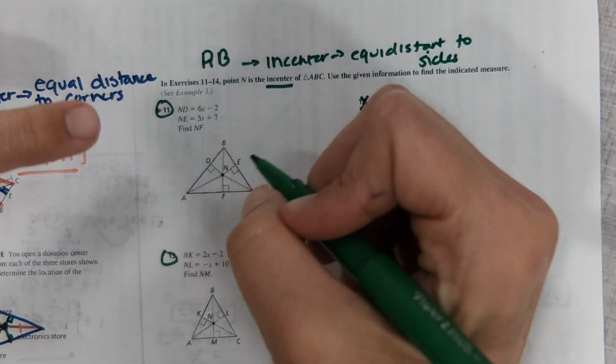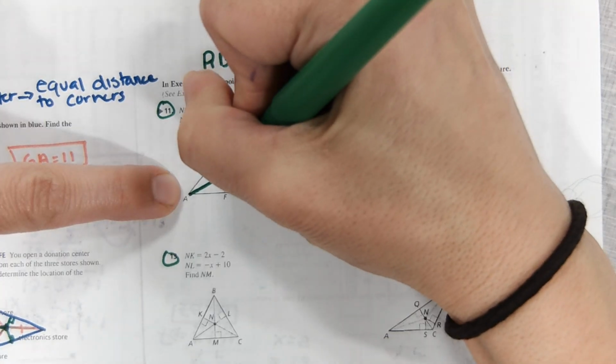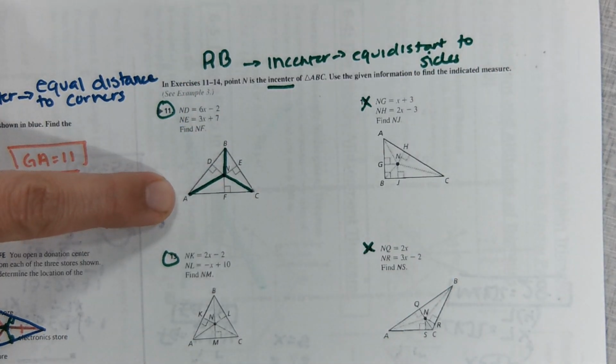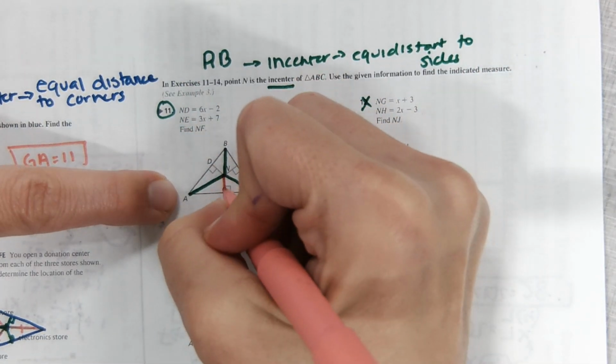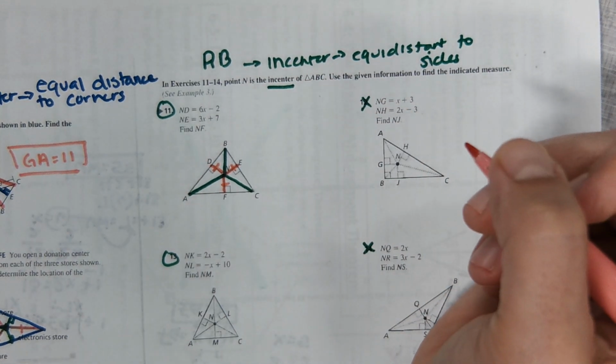So just like before, I'm going to highlight the angle bisectors first. Then this incenter is equidistant to the sides, so all 3 pink lines are the same length.